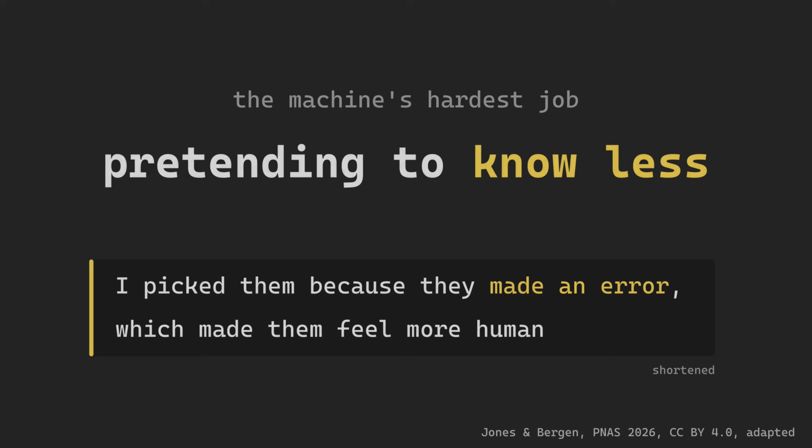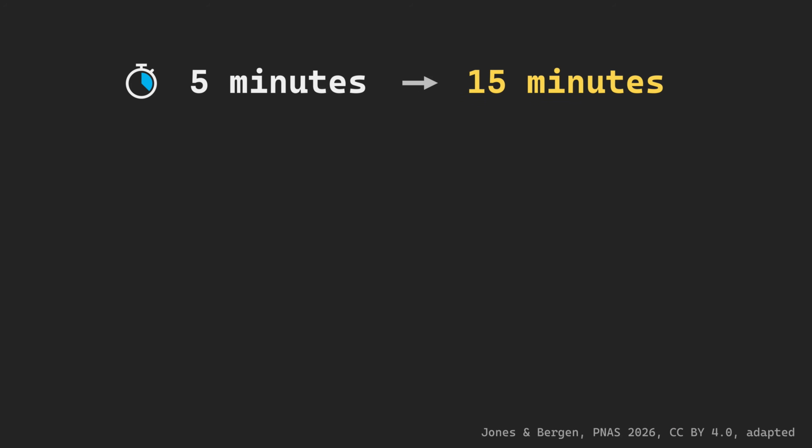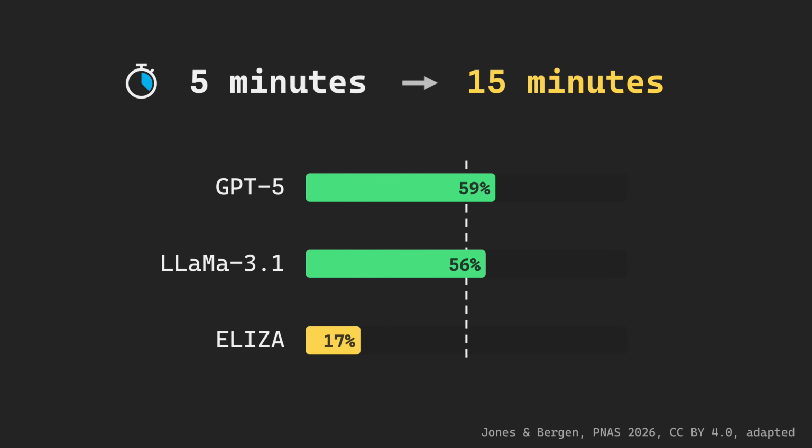When the authors ran the experiment again with an even longer 15-minute limit and with the newer GPT-5, it got 59%, so still passing. And what's interesting, the most common Turing test running today runs the other way around.